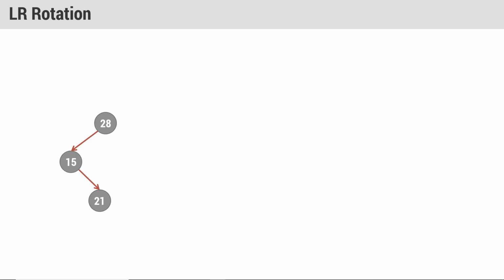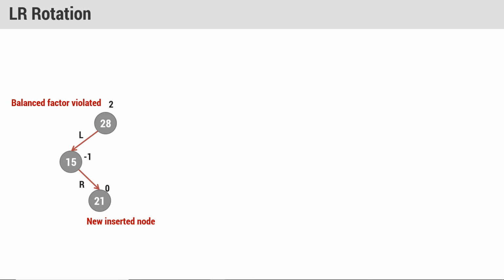Now if we check the balance factor, at node 21 it is 0, then node 15 has balance factor -1 and node 28 has balance factor 2. So the balance factor is violated from here. We have to check in which direction the newly inserted node is. It is on the left side of 28 and the right side of 15. So this is the LR problem.